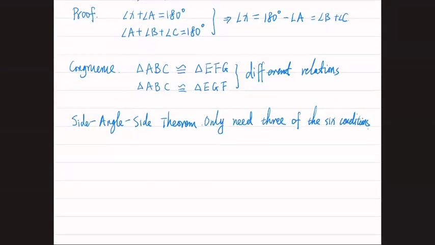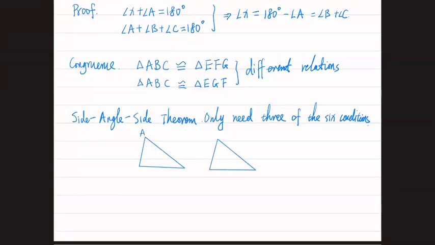If we draw a graph, isosceles triangles. We can pick a pair of angles.